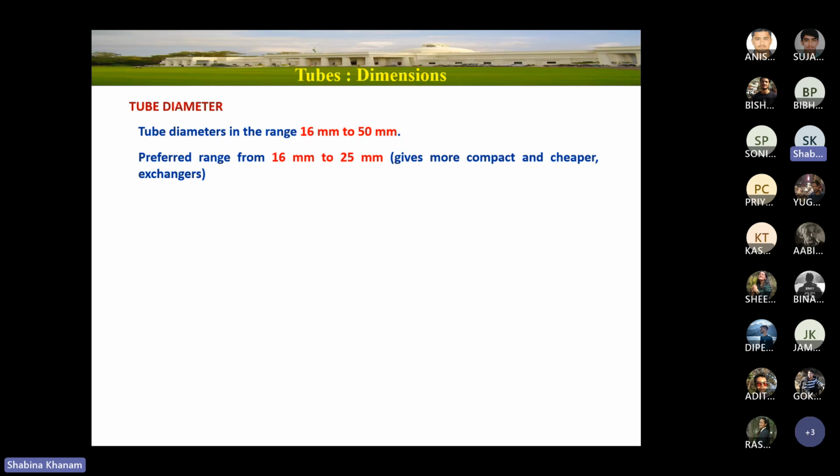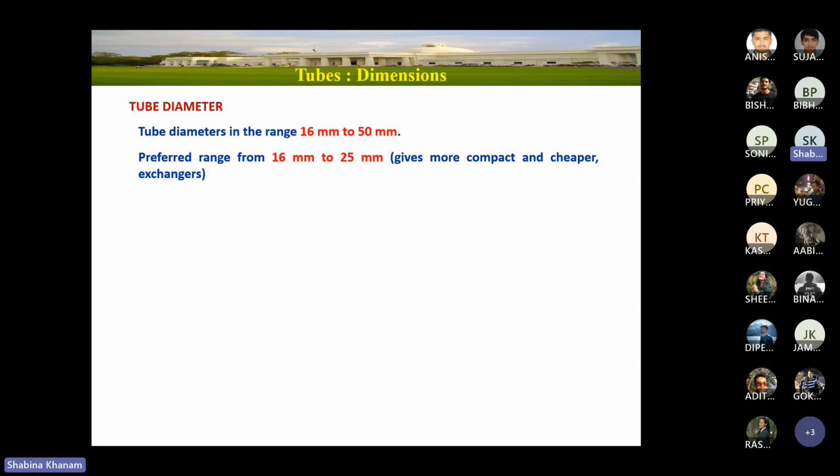So the point is, those ranges of velocity and pressure drop are decided so that the calculated heat transfer coefficient and pressure drop you obtain are in a permissible limit. So you should have the least iterations to carry on.